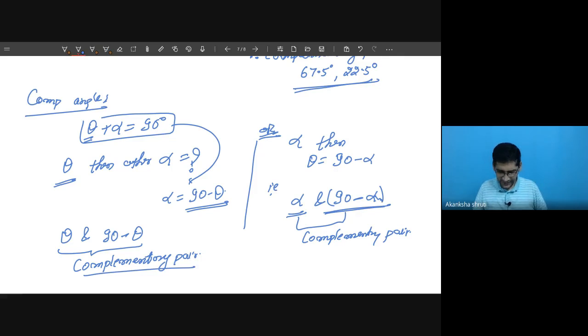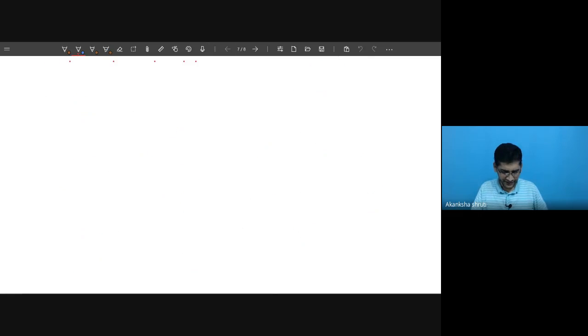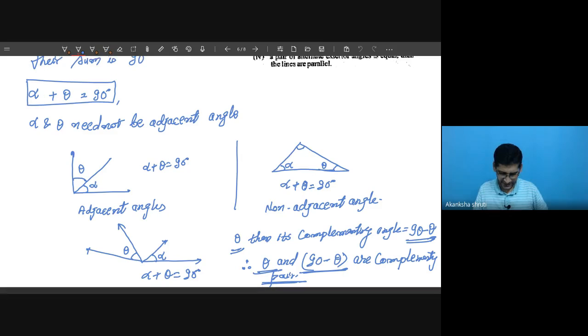So rather than taking alpha and theta, you just take one angle as alpha and write the other as 90 minus alpha, or take one angle as theta and write the other as 90 minus theta. Students, any doubt? Then please ask. The same thing I have written while defining the complementary angle.